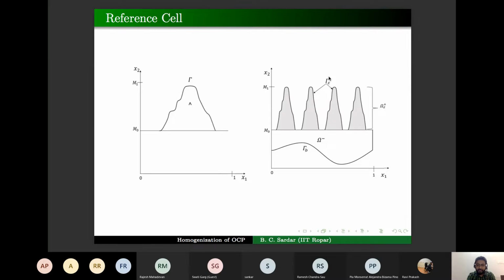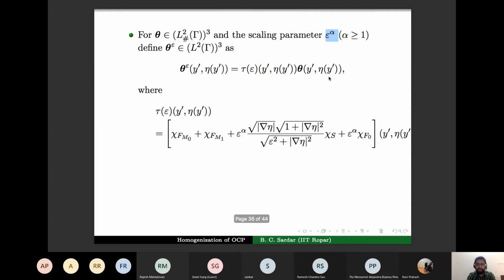Let me show you how we can define it more precisely. We start with theta in the reference domain, and we use some scaling, epsilon power alpha, and we define theta epsilon again in L2 of gamma epsilon. In this fashion you can see the appropriate weight, tau epsilon, is defined here.